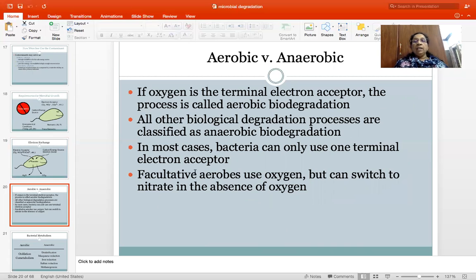Oxygen is the terminal electron acceptor in aerobic biodegradation. All other biological degradation processes are classified as anaerobic biodegradation, and in most cases bacteria can use only one terminal electron acceptor. But certain microorganism groups like the facultative microorganisms can use oxygen or also switch to other electron acceptors like nitrate.